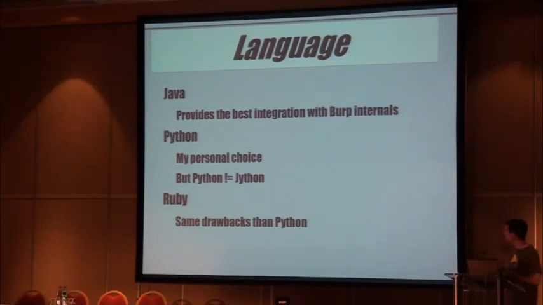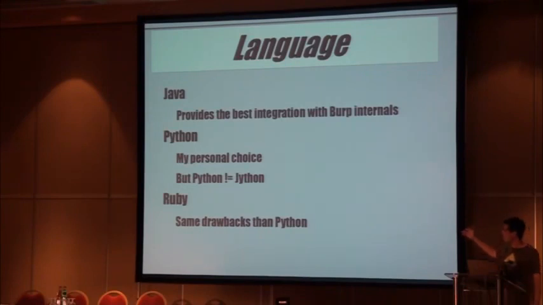Even if you are an experienced coder in Python, you will have some problems using the Java API. And Ruby, you have the same drawbacks as Python, but I do not know Ruby, so I stick to Python.